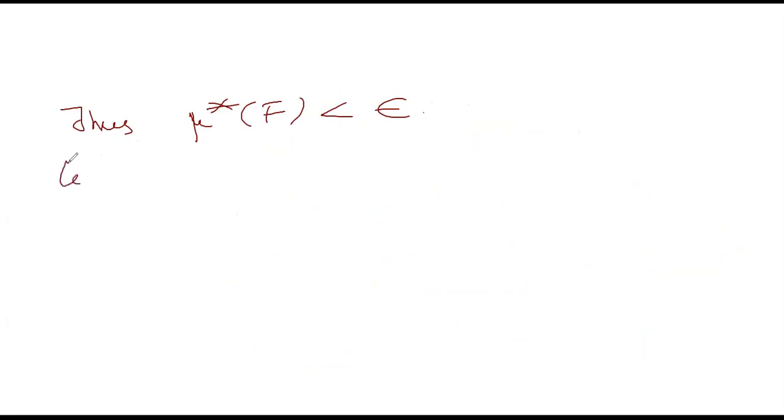Let's choose the point x belonging to E minus F. You can easily verify, using the value of F and De Morgan's law, that this difference is equal to the intersection, n runs from 1 to infinity, of E_n Kn. It's not too hard, a simple exercise for you.